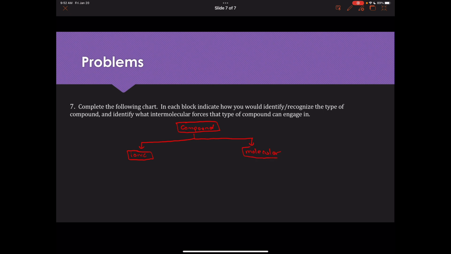So ionic versus molecular depends on the bond types. Ionic compounds are going to have ionic bonds. Molecular compounds will have covalent bonds.